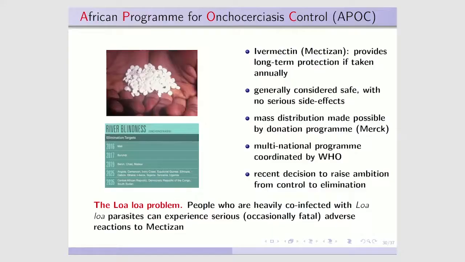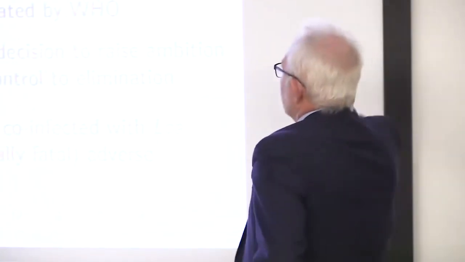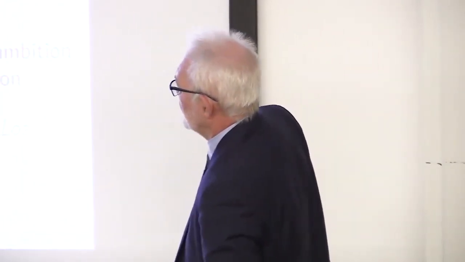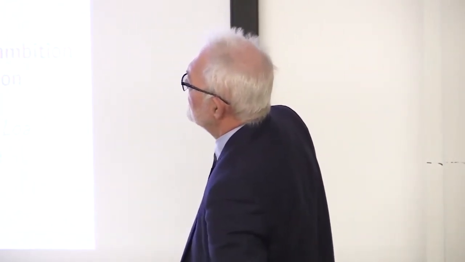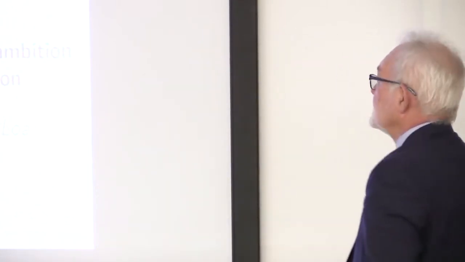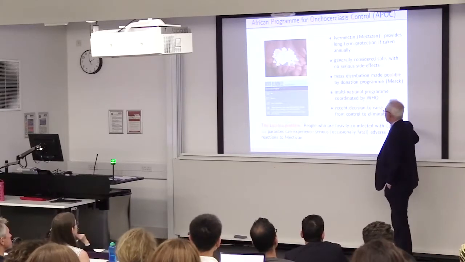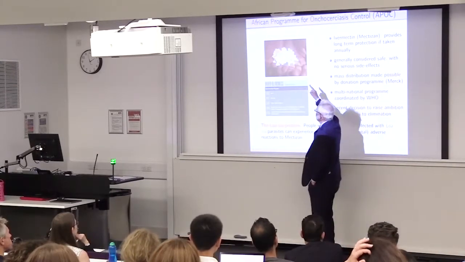which is being treated Africa-wide by drugs donated by Merck, and these are protected drugs. And the policy is to simply give everybody who's in an at-risk area the drug, okay? And that was working quite well for a number of years until it was discovered that a small number of people, several hundred out of several million, suffered serious, occasionally fatal reactions to what was presumed to be a safe drug.